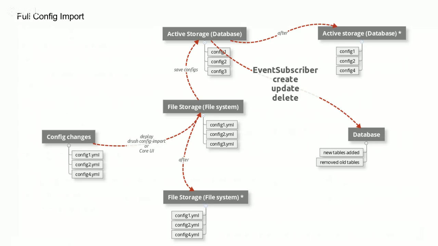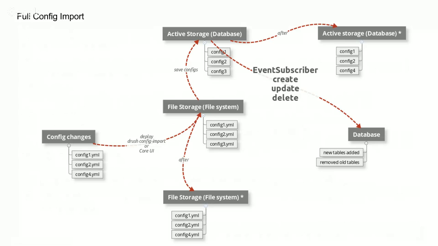show you the whole picture of how configuration management and config import work in core. When you need to import your config changes to the active storage, the active storage is the storage of all configs inside the Drupal database.